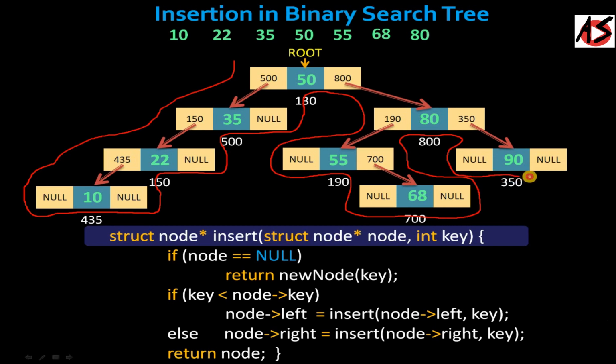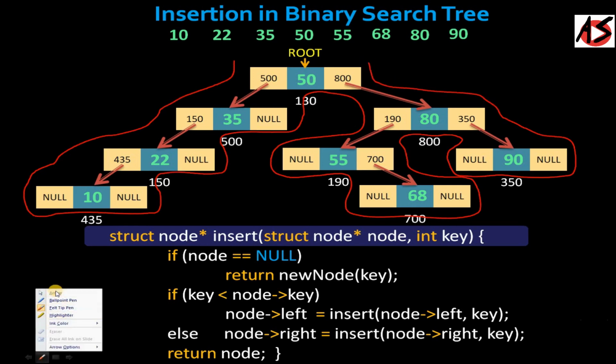Then we are going ahead, and we are touching 90 at the bottom side, and then we are moving further, we are touching to the right, right and right. So here you can see your entire list is in sorted order. That means once you are doing in order traversal of the binary search tree, it is always in sorted order.